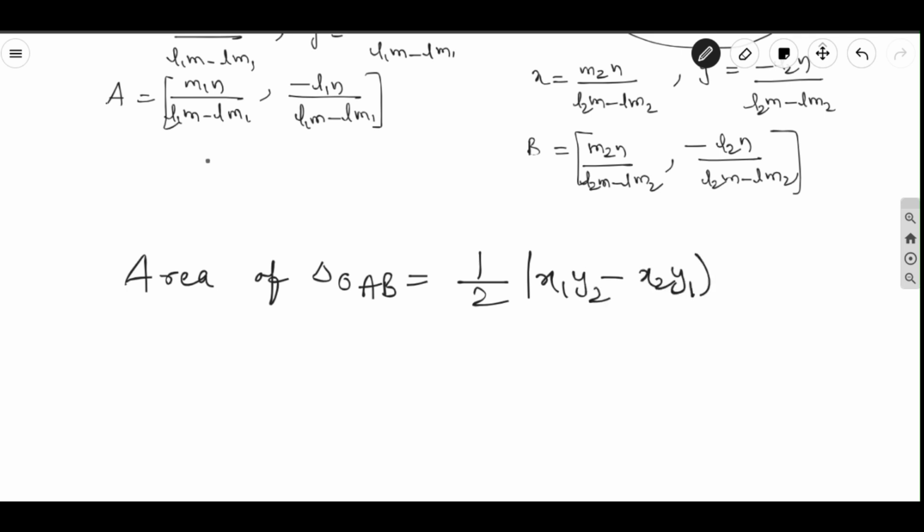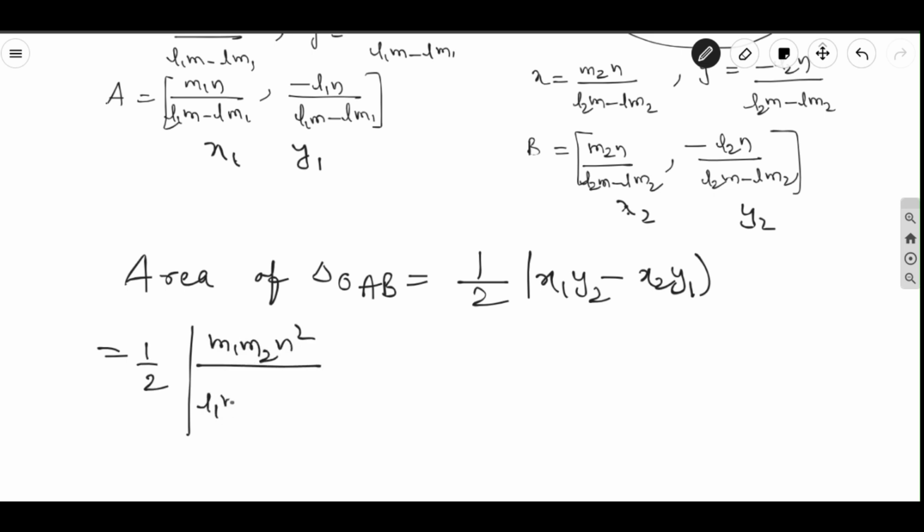Here this is x1 y1, it is x2 y2. Applying that, 1 by 2 modulus of the multiplication of these two, m1 m2 n square by L1 m minus L m1 into L2 m minus L m2.